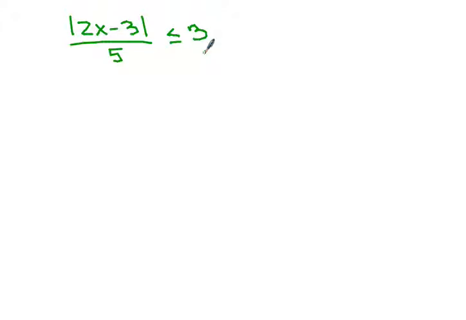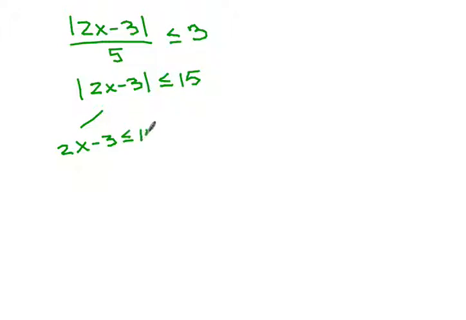So you would multiply both sides by 5. So 2x minus 3, still in the absolute value, is going to be less than or equal to 15. Then we would split this into our two equations. That's how we undo absolute value. So first one is the exact same. Just drop your bars. Second one is the same inside. Flip the relationship, make it negative.